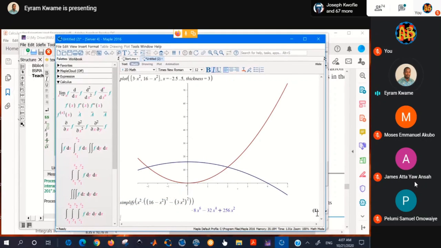And then I end up getting minus 8x to the power 6, minus 32x to the power 4, plus 256x squared. And that becomes what I need to integrate.